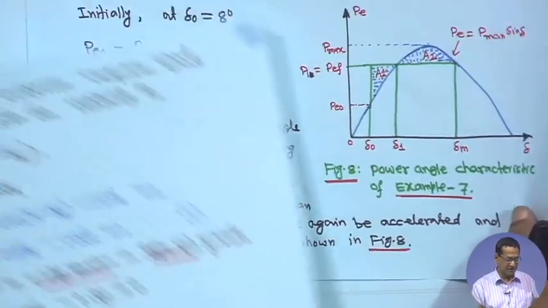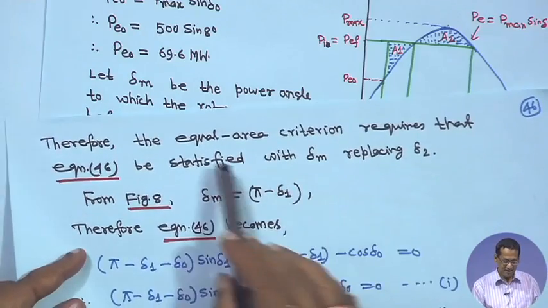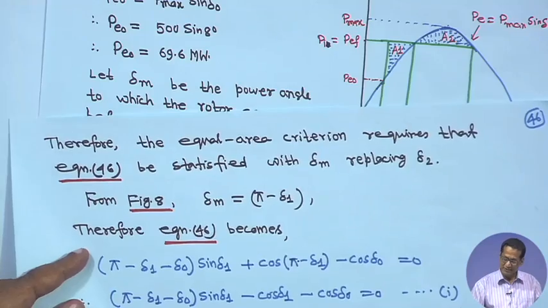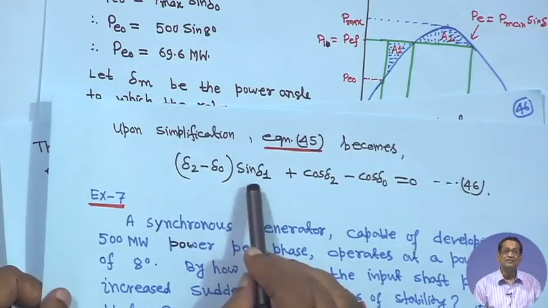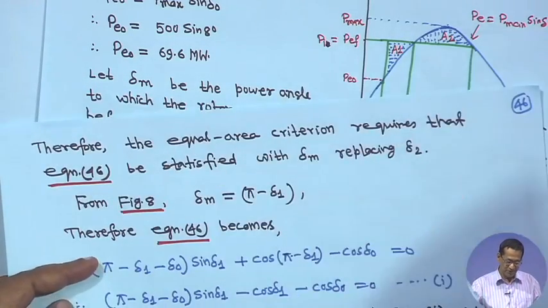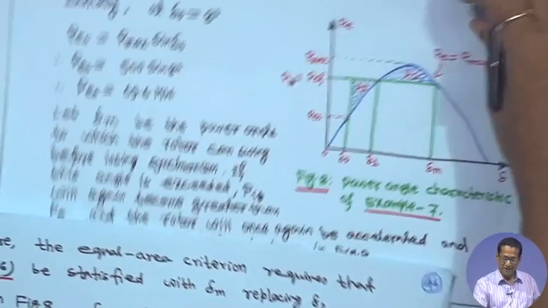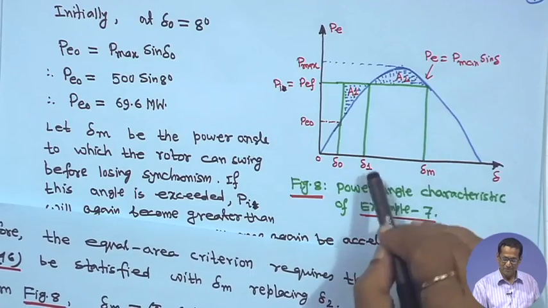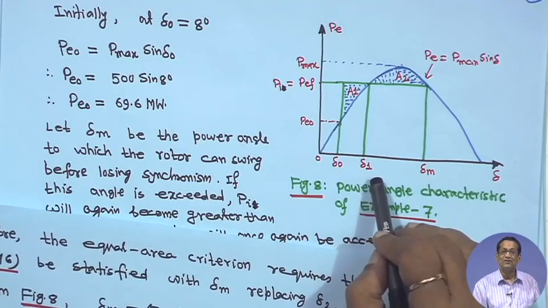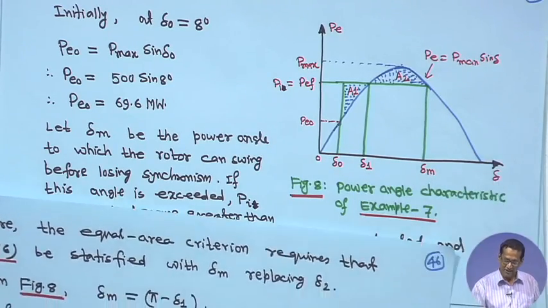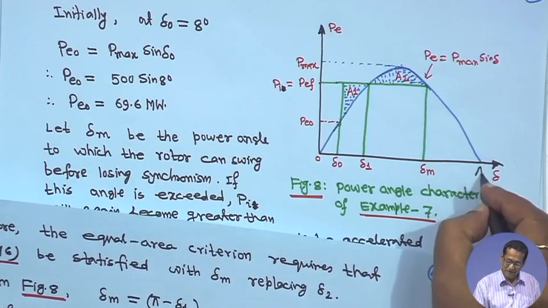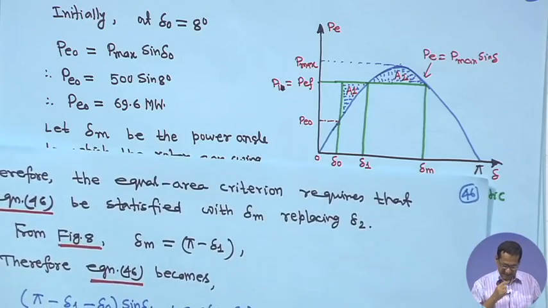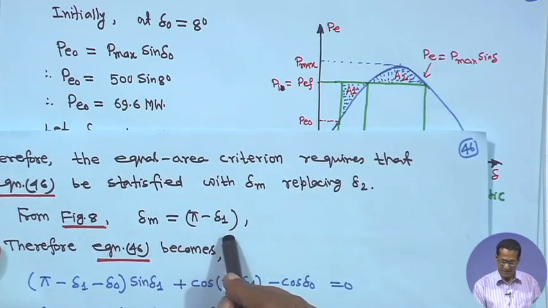Now, from this figure and the equation we have derived, the equal area criterion requires equation 46. From this graph, which is a sine curve, by symmetry delta m is equal to pi minus delta 1.